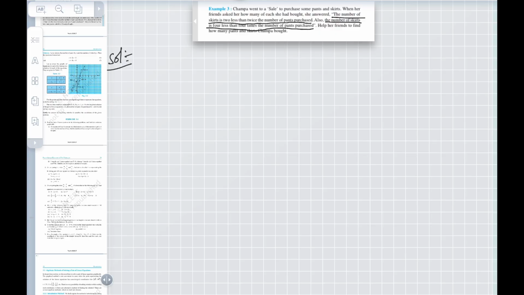They are talking about two things, skirts and pants. So let the skirts equal x and the pants equal y.